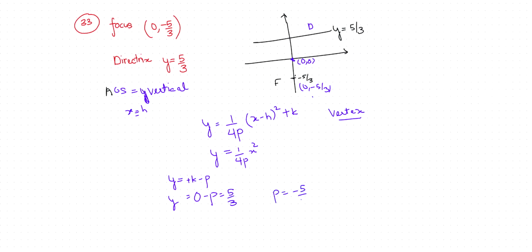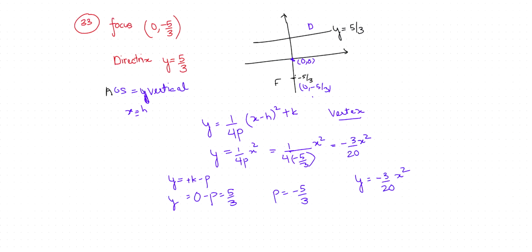Okay, so let's substitute that value. So this will be 1 over 4 times negative 5 by 3, x square. So this gives negative 3 by 20 x square. So y is equal to negative 3 by 20 x square. Okay, so this is the equation of the parabola.